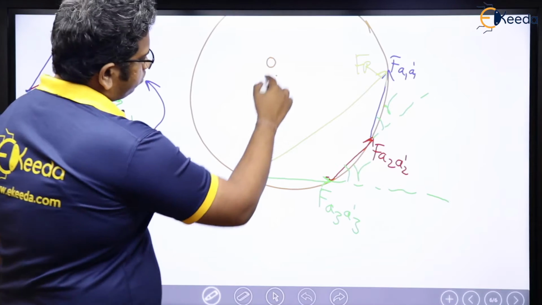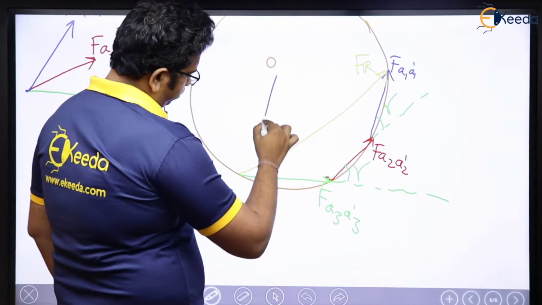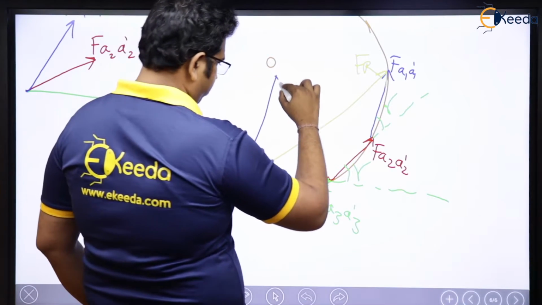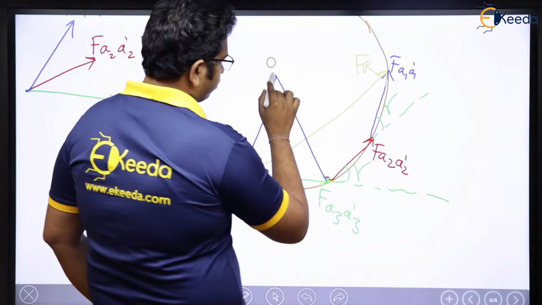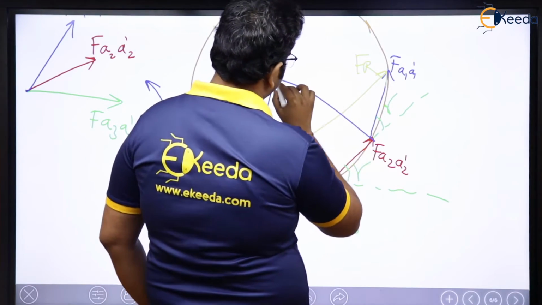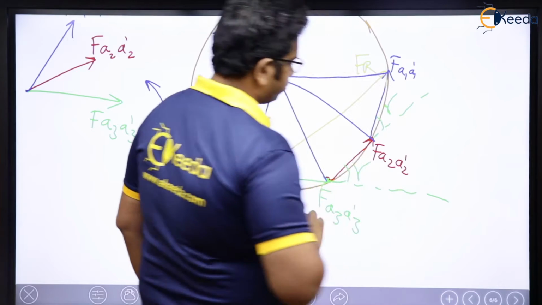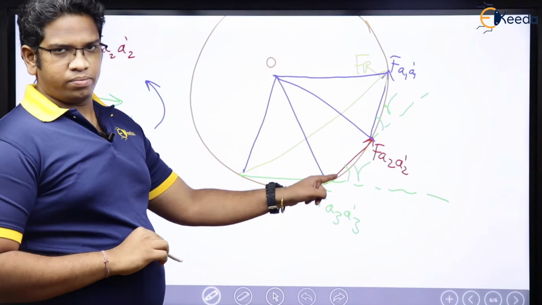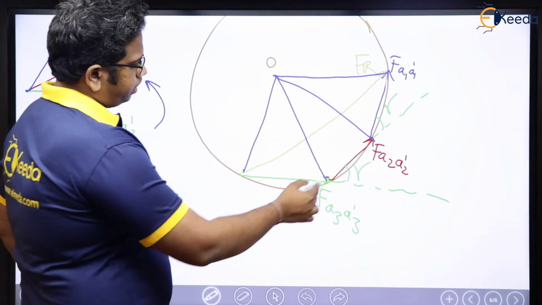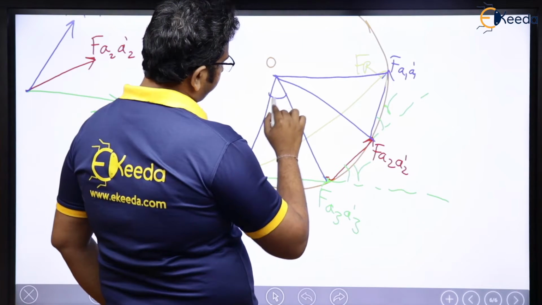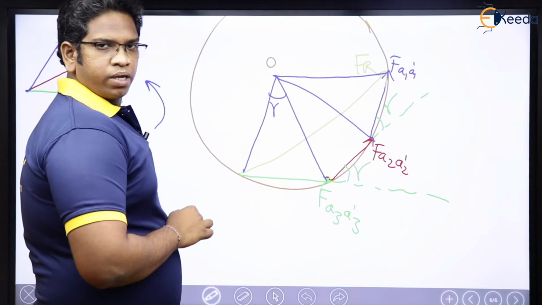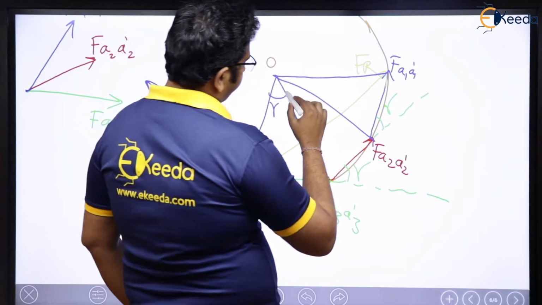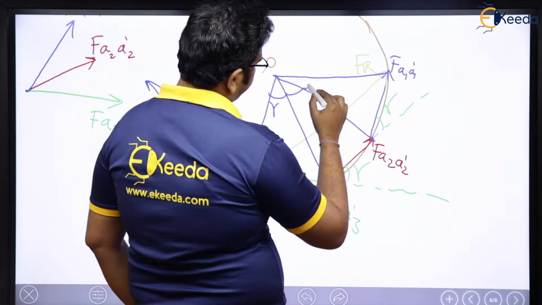See, this is the origin. Let me just join this. Let me join this. Right? Now, see here. If this angle is gamma, this angle is gamma. We have discussed that if this angle is gamma, then this complete angle has to be gamma. If this complete angle is gamma, which means this is also going to be gamma, this is also going to be gamma.